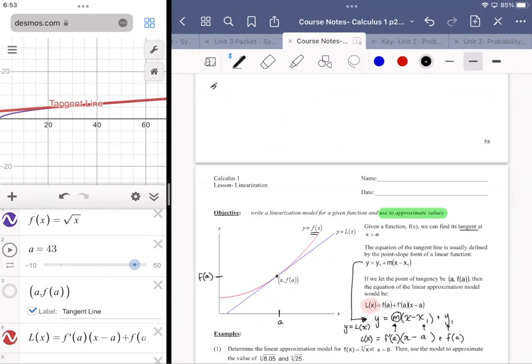So let's say we have an example: use linear approximation to find the value of the square root of 26.